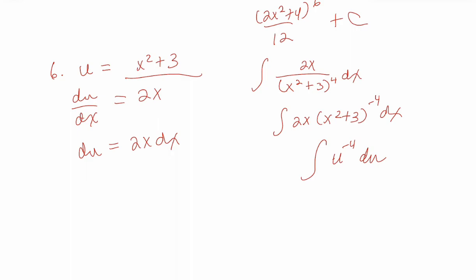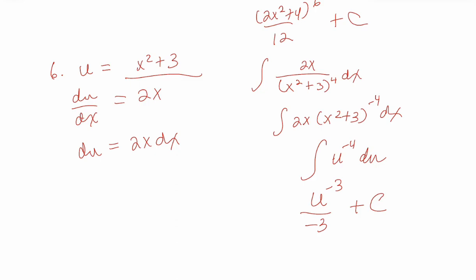If the power goes up by 1 and your power was -4, what is -4 plus 1? -3. You guys want to go to -5, which is incorrect. So you want to make that -3 and then divide by that new power.